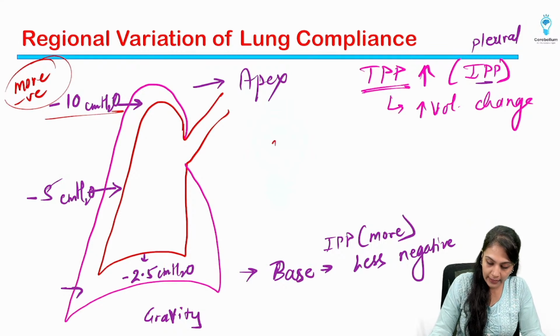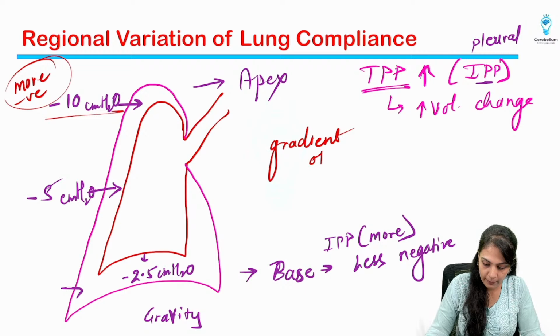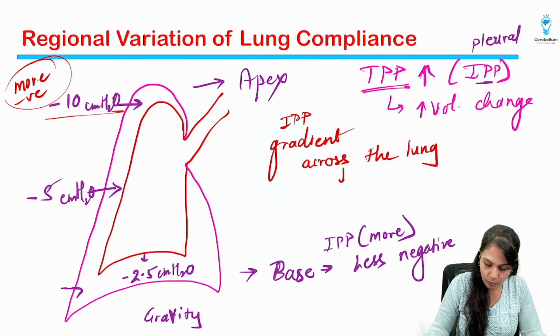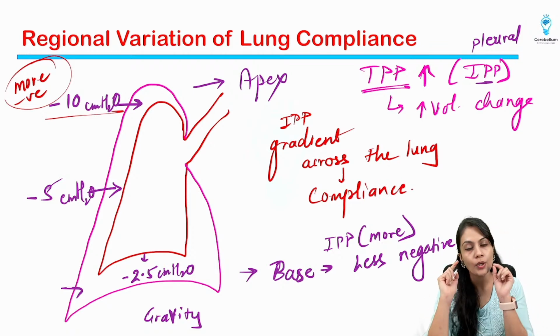So there is a gradient which is going to be present, and because of that, what is going to happen? A gradient of IPP is present across the lung, and this is going to affect the compliance. Now what do you think?